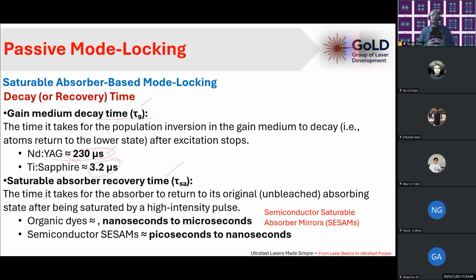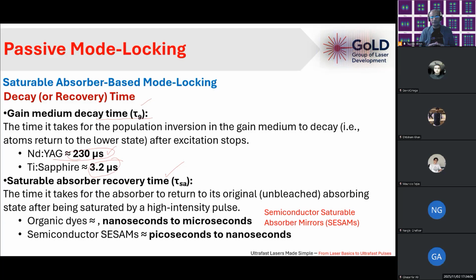So in case of Nd:YAG, it's 230 microseconds, and in case of Ti:sapphire it's 3.2 microseconds or so.